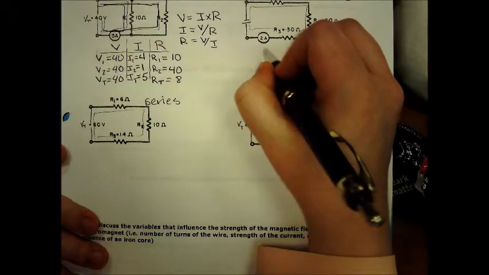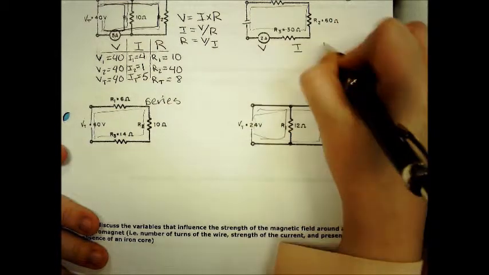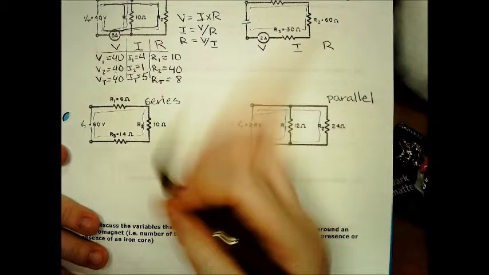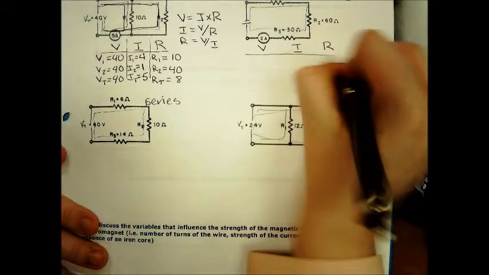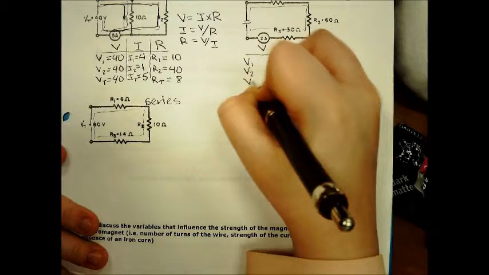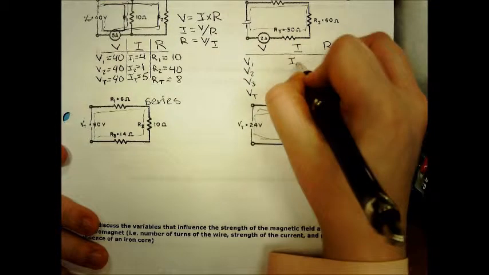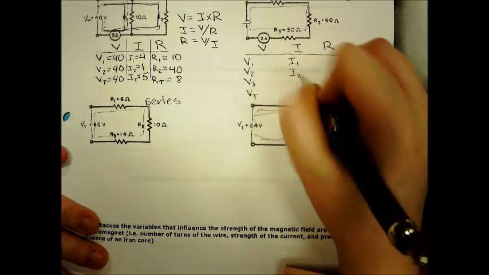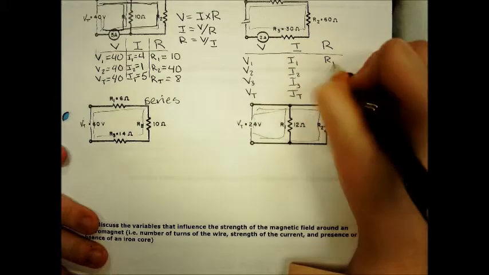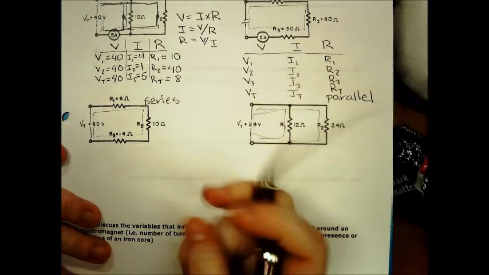All right, let's look at this one over here. I'm going to make my chart a little bigger this time. Now we have 3 resistors, so we're going to have V1, V2, V3, V total, I1, I2, I3, I total, R1, R2, R3, R total.